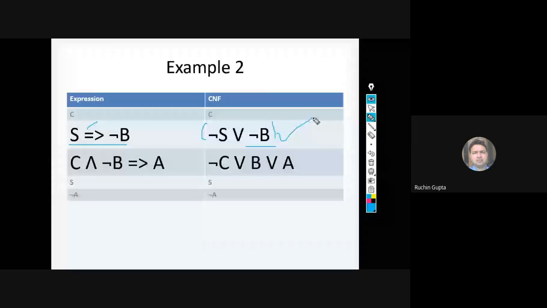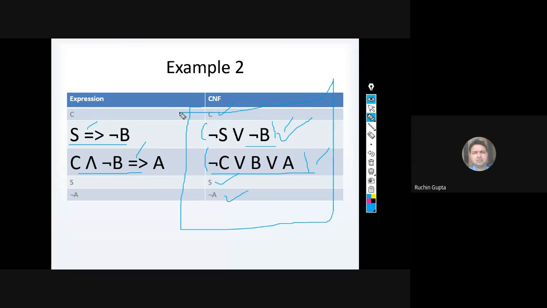Similarly, if I apply this onto the other statement, I remove the implication and get this. This is one clause, this is another clause, so this is also in CNF form. And we had earlier expressions like C, S, and negation of A. So I will get all these propositional statements in CNF form.